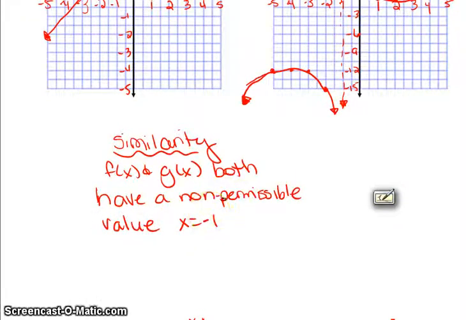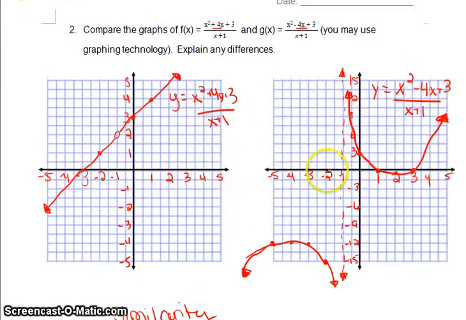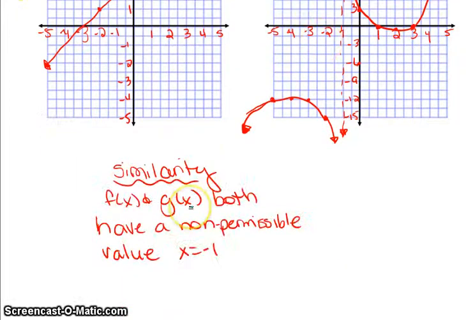So remember, the non-permissible values, in general, include your points of discontinuity and your asymptotes. So I'm going to scroll on up here. Here we see that although one has a hole and one has an asymptote, they still have the same non-permissible value. So in general, their non-permissible value is at x is equal to -1, okay? So they both don't have values there.